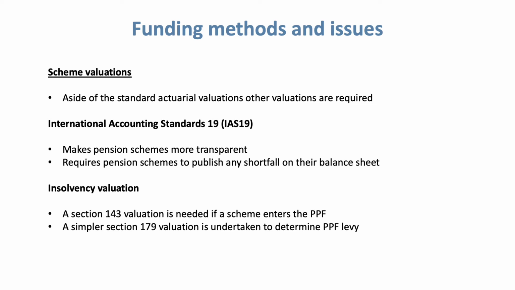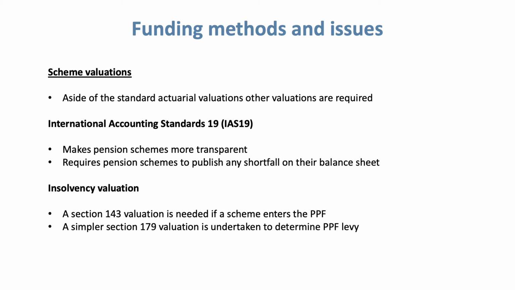So we're going to start by looking at IAS 19, International Accounting Standards, which essentially was designed to make pension schemes more transparent. And this requires pension schemes to publish any shortfall that they have in their defined benefit pension scheme on their balance sheet. Lots of firms have failed because of their pension shortfalls.